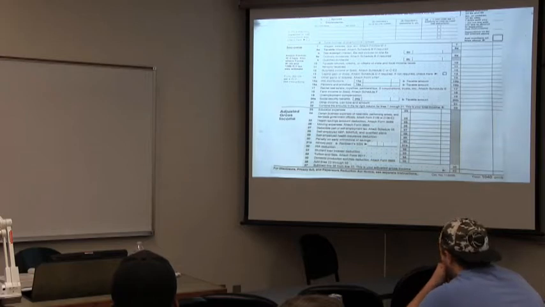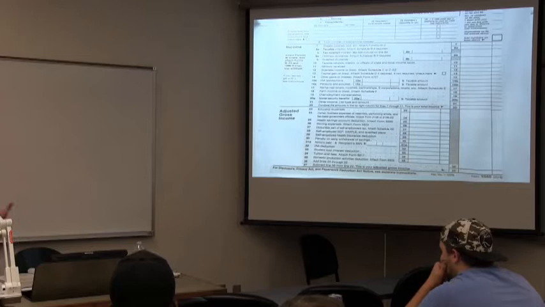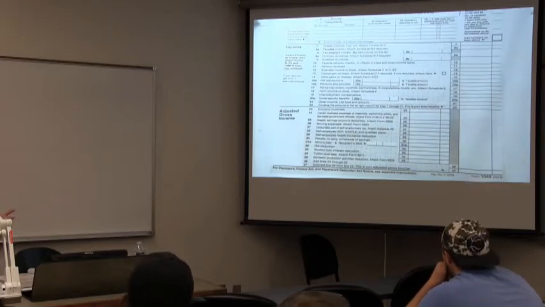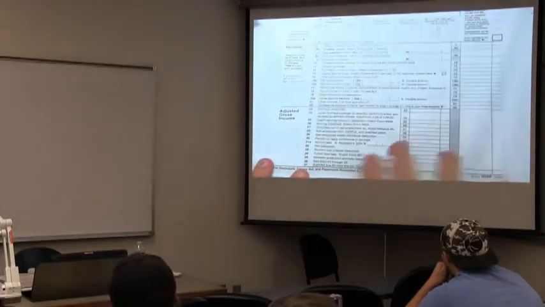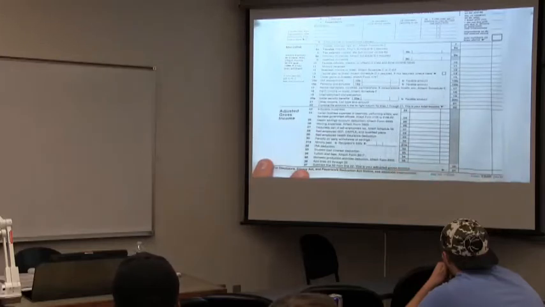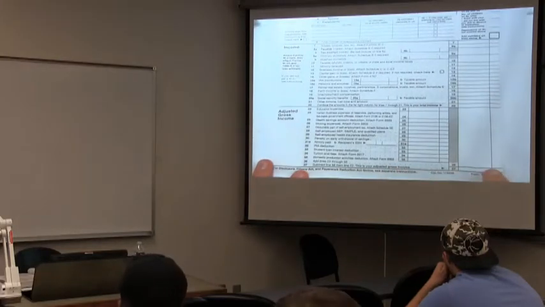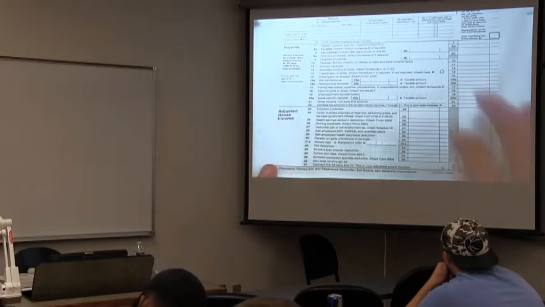If it is on page 1, it is above the line and goes toward calculating AGI. That will help you if you can understand that. If you can look at a form and see that it is on page 1, it goes toward calculating AGI. It is an above the line deduction, or it is income, basically.